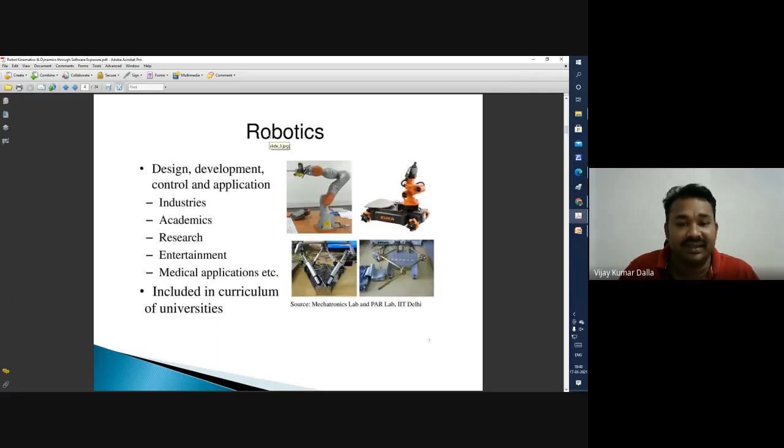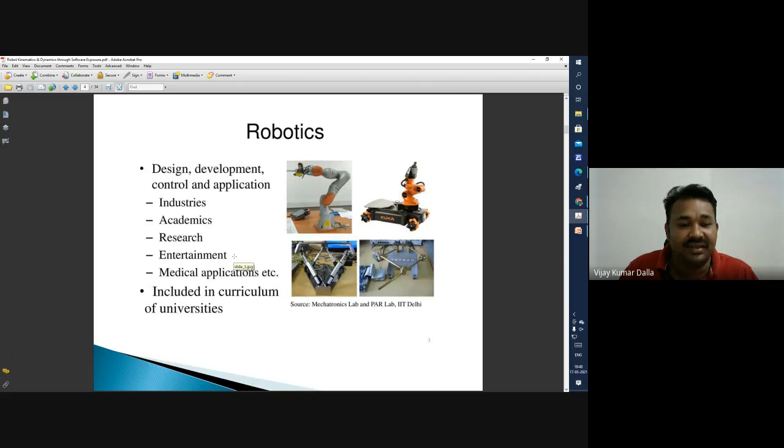Robotics is the study of robot design, development, control, and applications. There are various applications of robotics, like in industries, academics, research, entertainment.